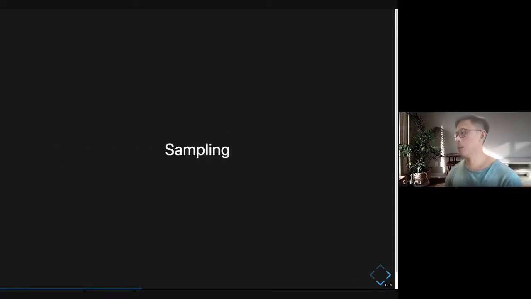So the answer is sampling. The idea is to check the DA through sampling. Let's take an example: you can split your data into 100 pieces. Let's say the whole network has 100 nodes.